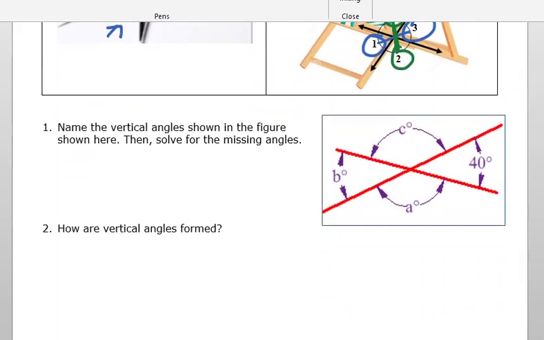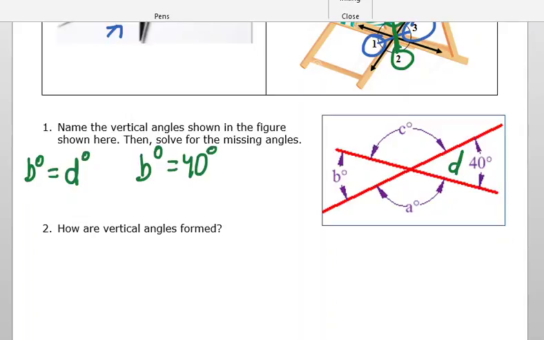Moving down, name the vertical angles shown in the figure here, then solve for the missing angles. Okay, cool. So I have A, B, C, and this 40-degree angle here. All right, so what I can say, I'm going to name this A, B, C. I'm going to name this angle D. We'll call this angle D. All right, so I know that angle B is equal to angle D. And so since angle D is equal to 40 degrees, I know that angle B is also equal to 40 degrees.